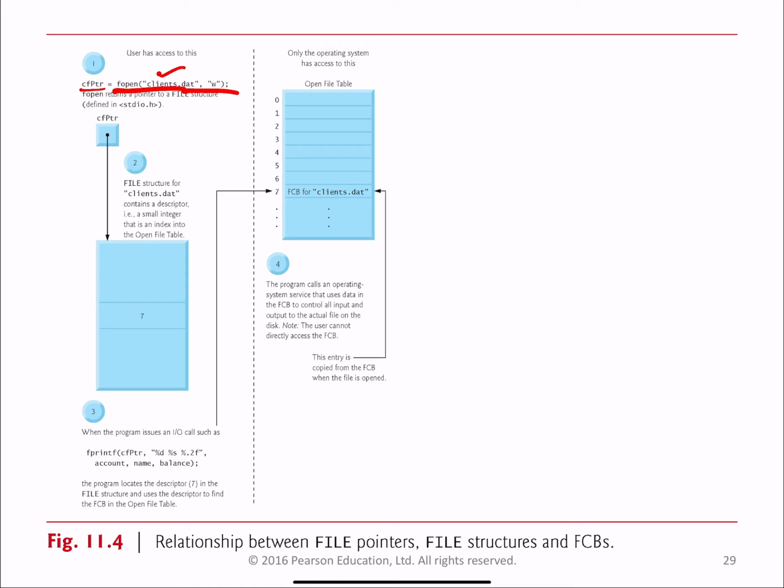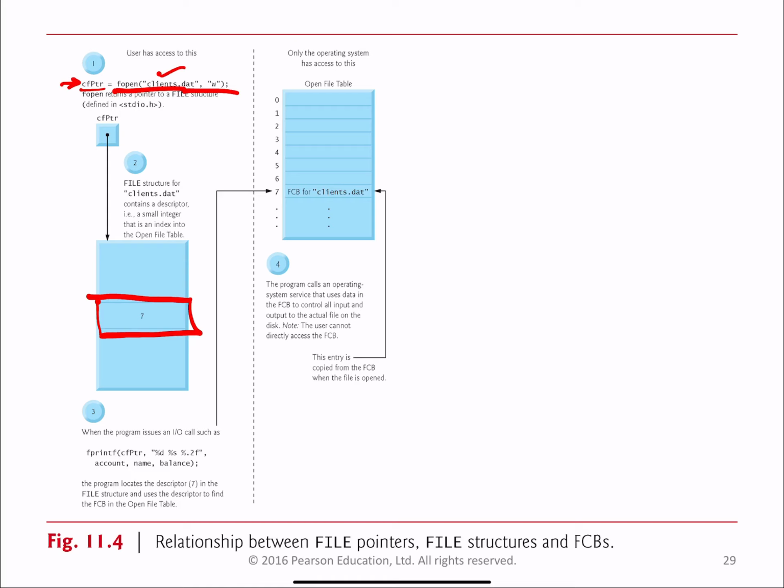What that does is, in the structure behind CF pointer, it will contain an index number. In this case, let's say that index number happens to be 7.